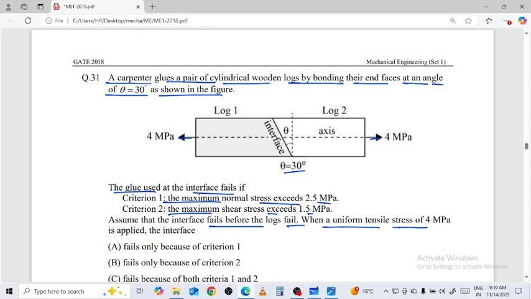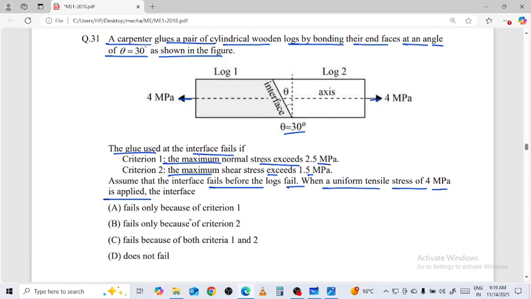When the uniform tensile stress is 4 megapascal is applied, the interface fails only because of criteria 1, fails only because of criteria 2, fails because only criteria 1 and 2 does not fail.